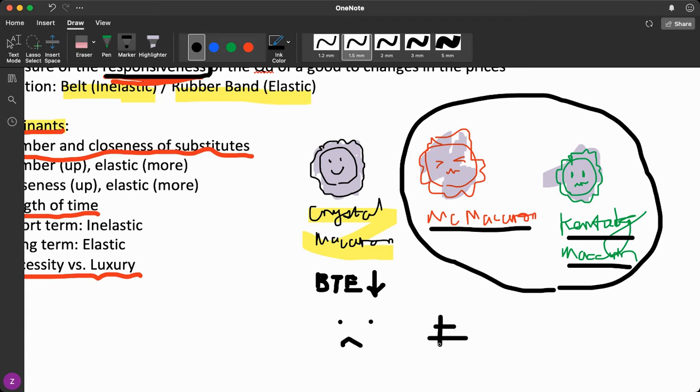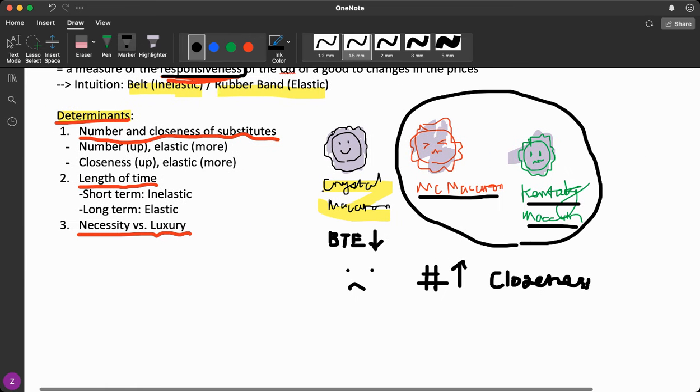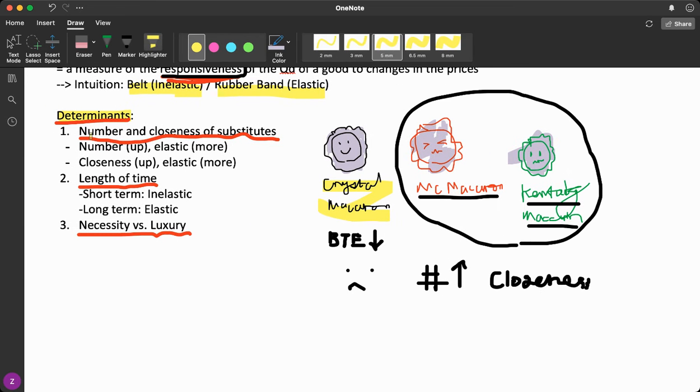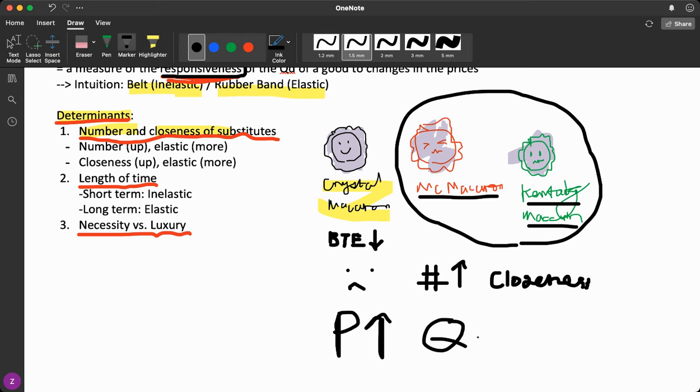And what makes me feel even more insecure is the closeness of the substitutes among these stores. Previously, I had a strategic plan to raise the price of my chocolate macarons, but now I can't, since once I raise the price, consumers will be able to switch to the macarons sold by Macaron and Kentucky Macaron, and I can foresee a large drop in quantity demanded.